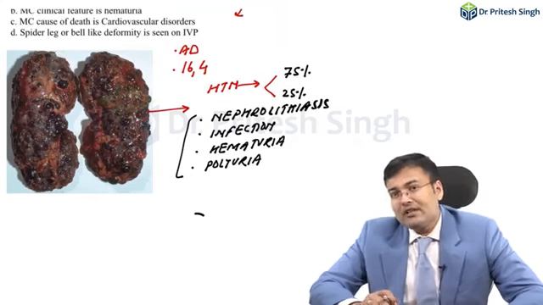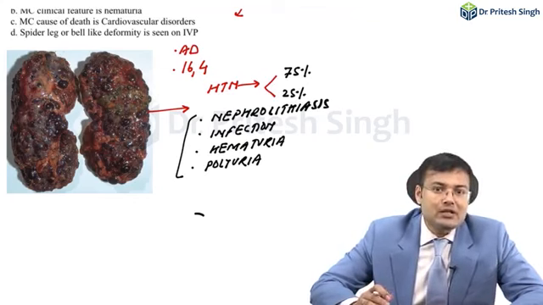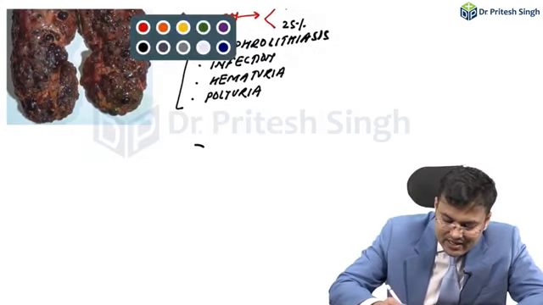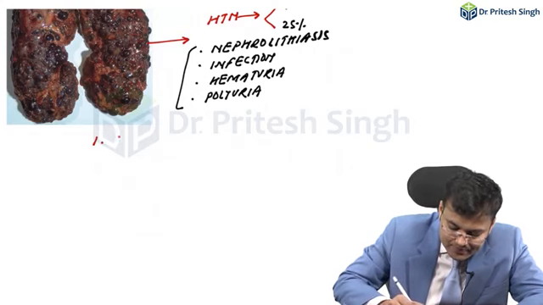Questions are asked: what are the various extra-renal manifestations of ADPKD? Frequently asked question. The most common extra-renal manifestation is polycystic liver disease.